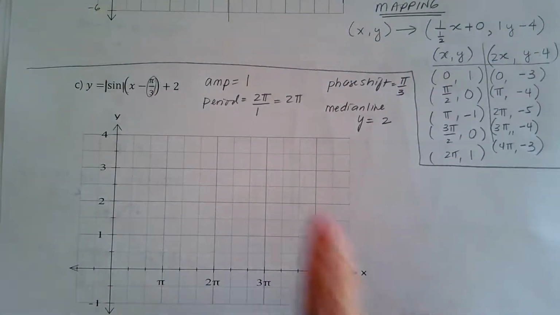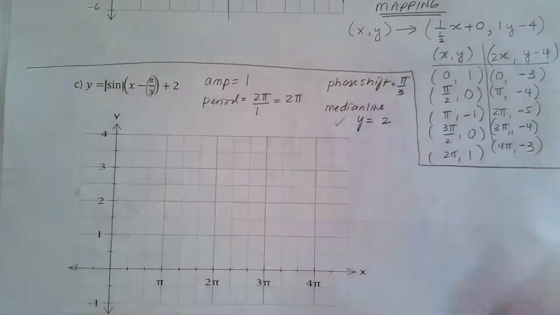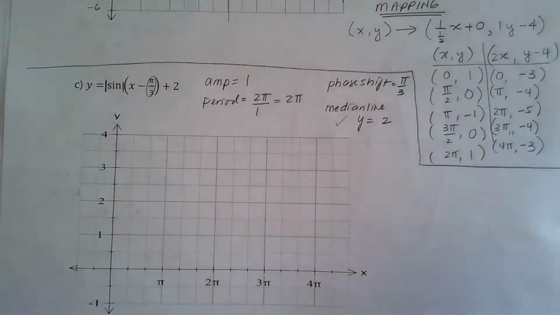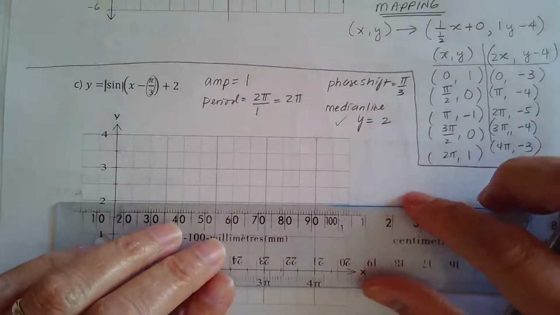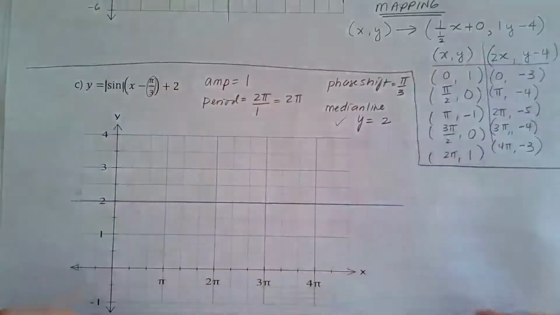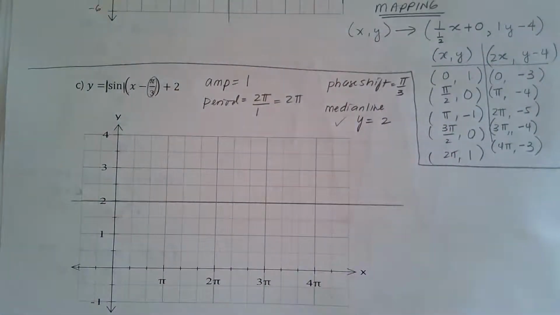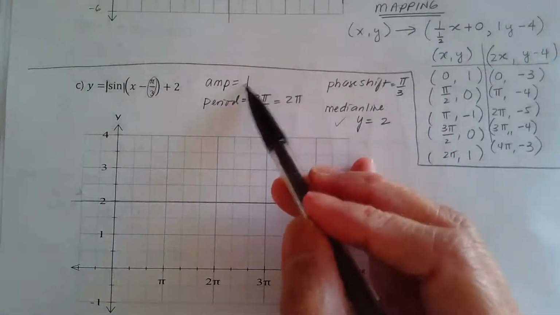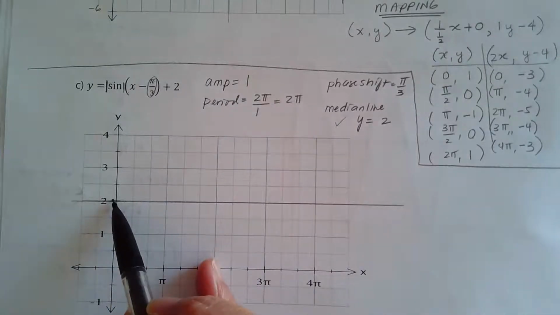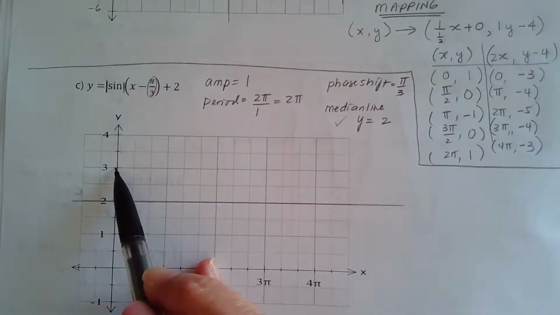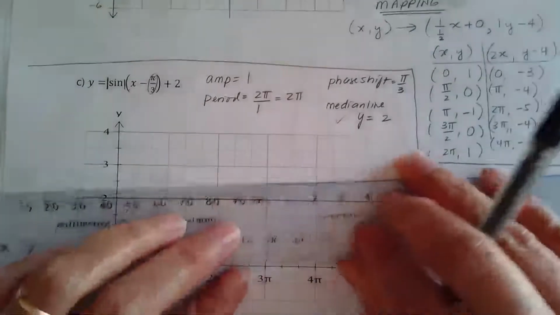Okay, so all of these, we'll try that first. We'll try the median line at 2. Median line is at 2, so I'm just going to do my median line at 2, right there. My amplitude is 1, so this is 2, and I need to go up to 3.